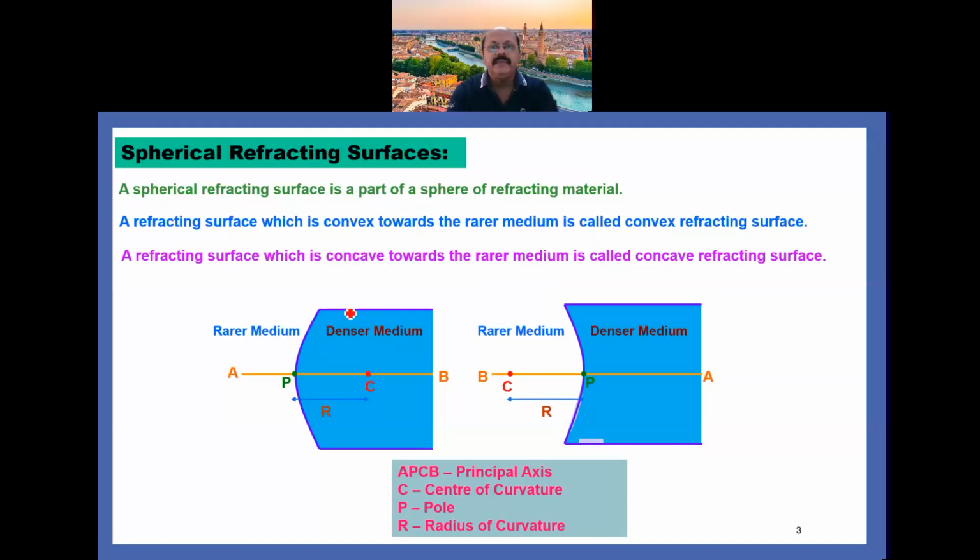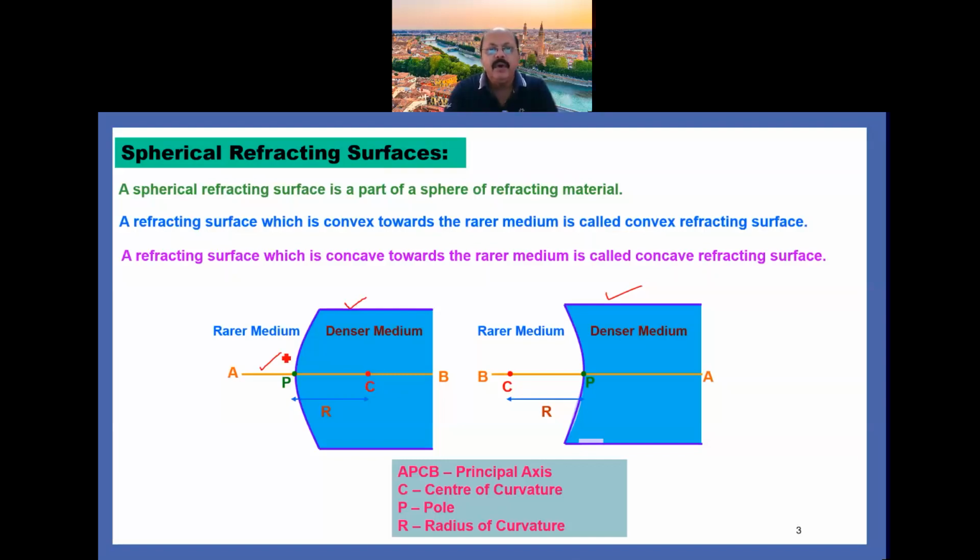The first one is convex refracting surface and the second one is concave refracting surface, and here APCB is the principal axis and C is the center of curvature, that is the center of the sphere of refracting material of which it is a part.